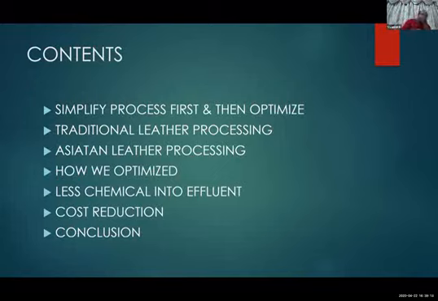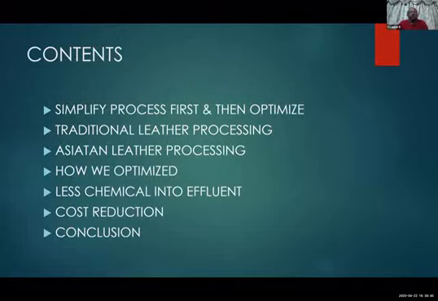When we talk about simple, we compare with traditional leather processing. So-called traditional is general practice in the field. This is my experience, as most of the time when I visit other tanneries I can see this, so I'm taking a rough example. If anybody is using less, it's no harm. It's just a rough idea against what we are trying to do as Asia Tan leather processing. If we are using less, what are the ways we find out and how do we optimize into a shorter process?